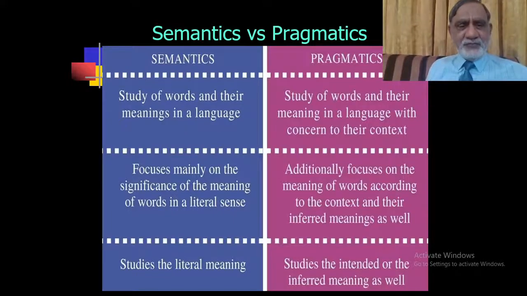Similarly, semantics focuses mainly on the significance of the meaning of words in the literal sense. That is worth stressing. Whereas pragmatics additionally focuses on the meaning of words according to the context and their inferred meanings as well. And lastly, semantics studies the literal meaning, whereas pragmatics studies the intended or inferred meanings as well.